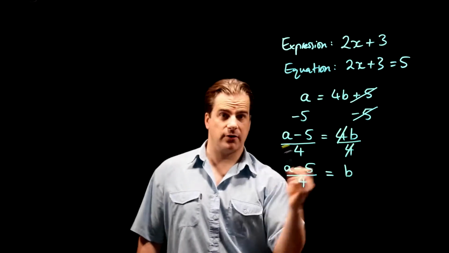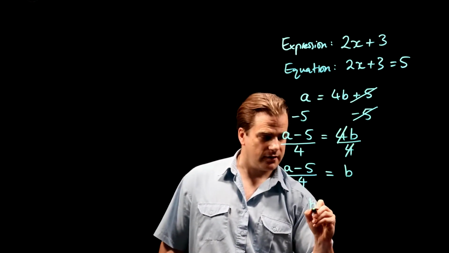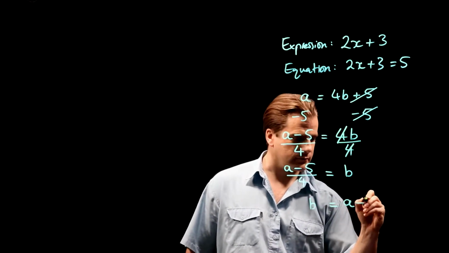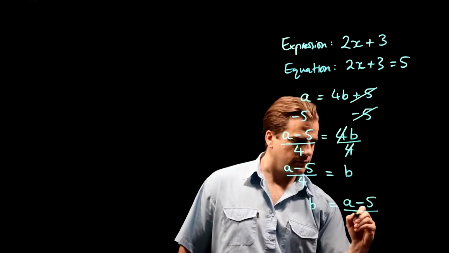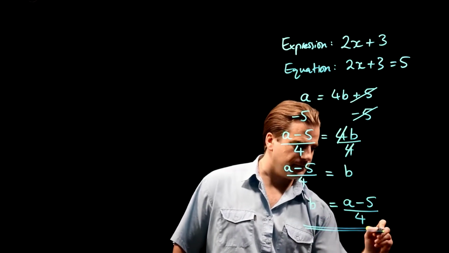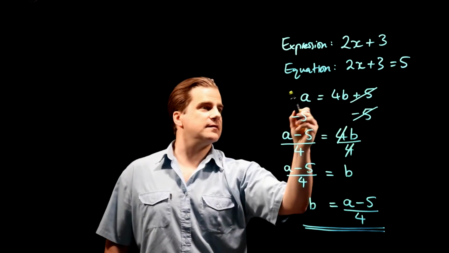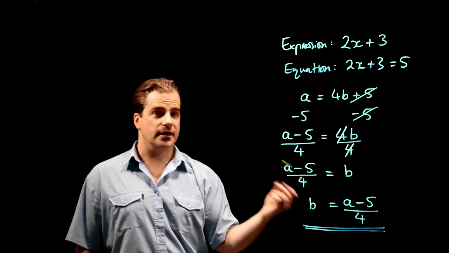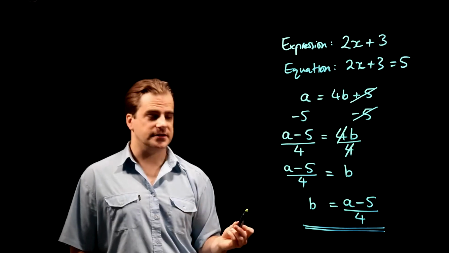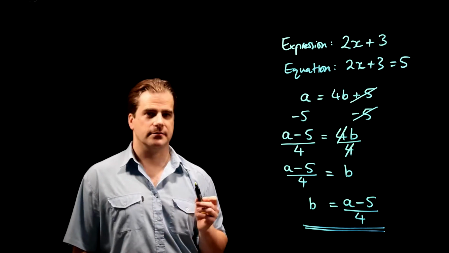And it doesn't matter which way round you write it. So I'm going to rewrite it as b equals a minus 5 over 4. Okay? And that's it. That is the same equation as that, just written in a different form. And that's how you rearrange equations. And we made b the subject in this case.